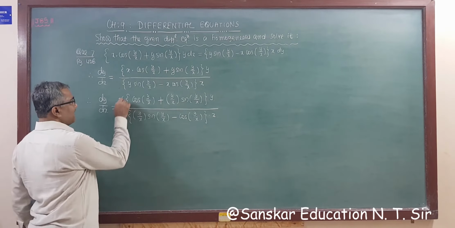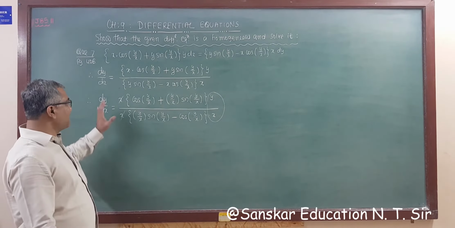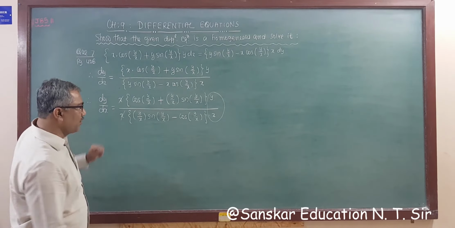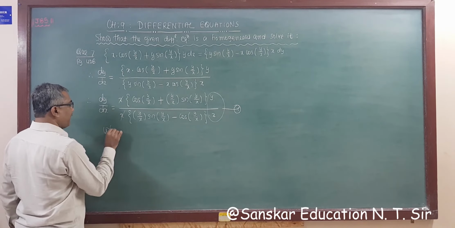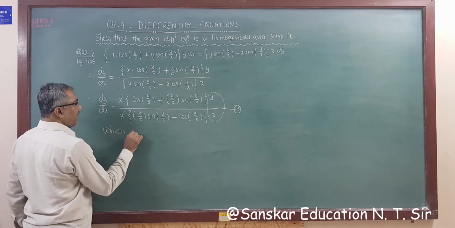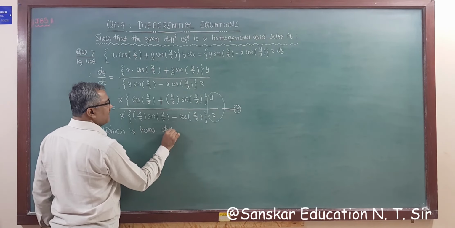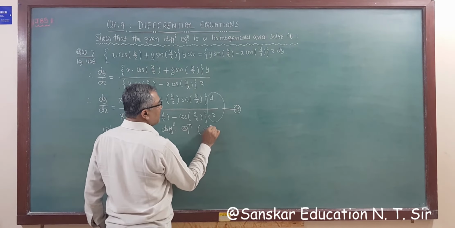So this x gets cancelled and this y by x becomes y by x as well. So this is a homogeneous differential equation with degree 0, right? Say this is number 1, which is a homogeneous differential equation with degree 0.